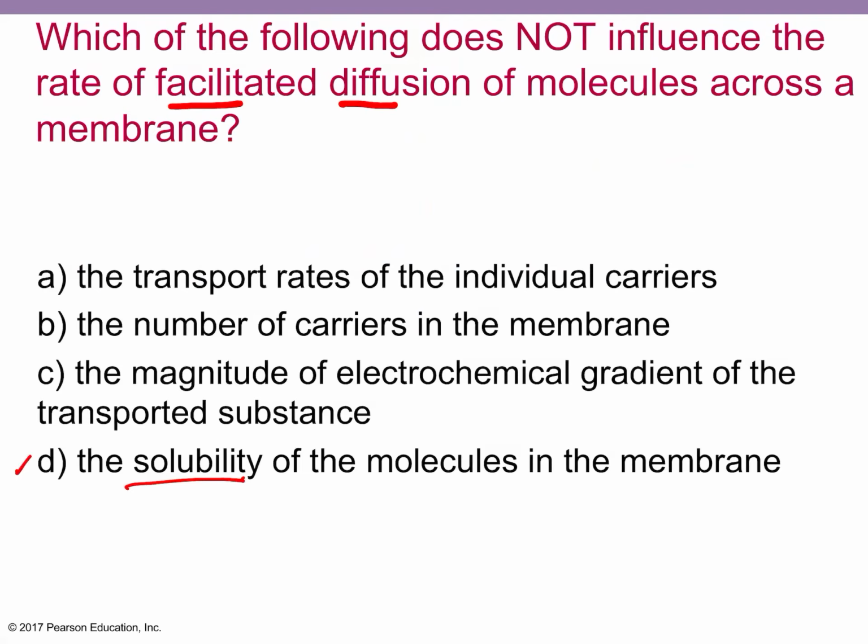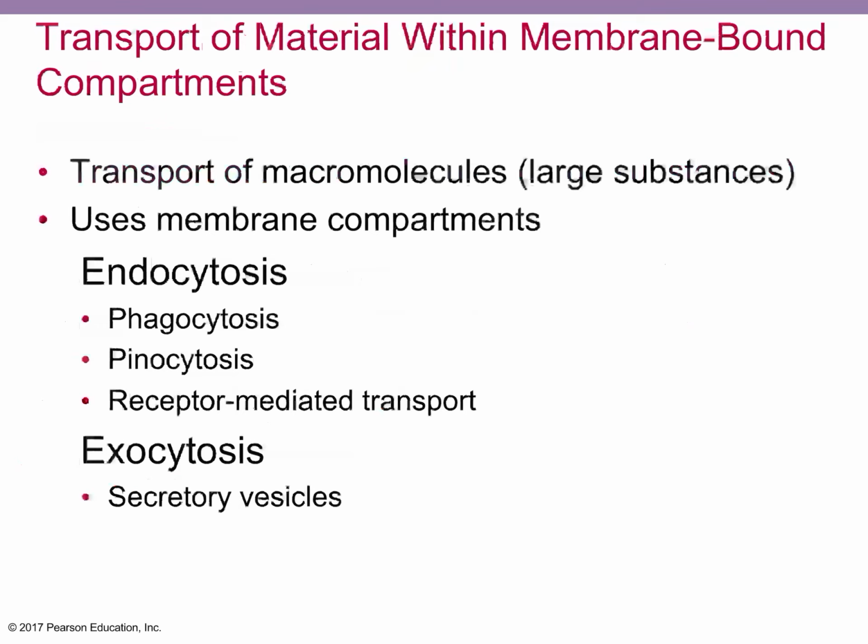That's not going to be a factor. Okay, so answer D is your answer to this question. For individual carriers, the transport rate is a factor. The number of carriers is a factor. And then the electrochemical force and gradient is also a factor because, again, we're talking about diffusion. All right, so that's the end of part 2.